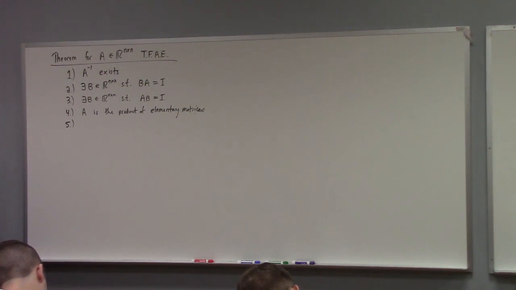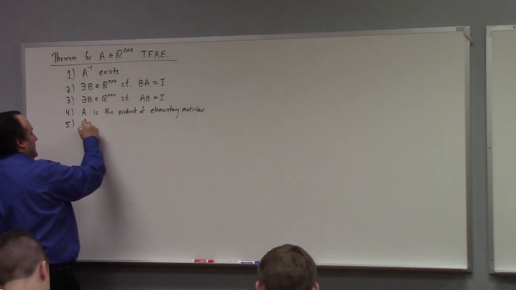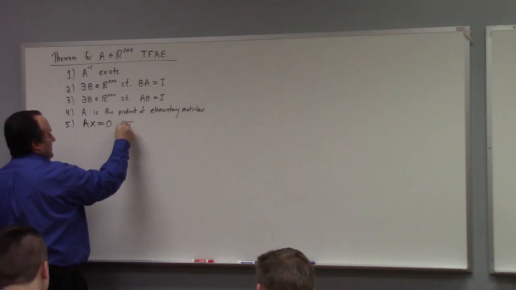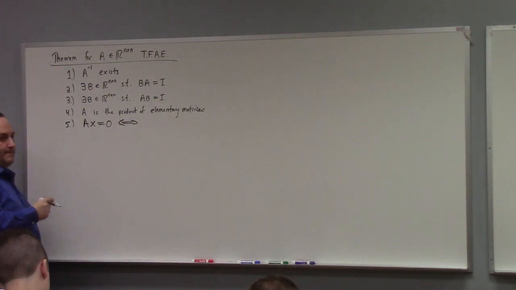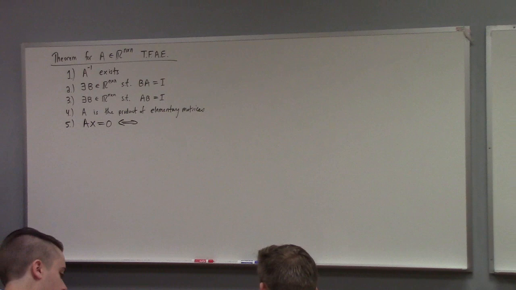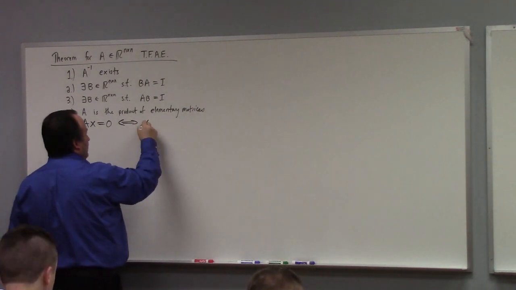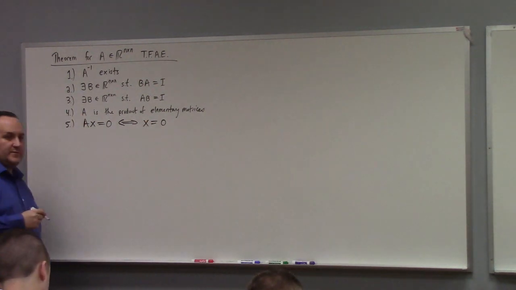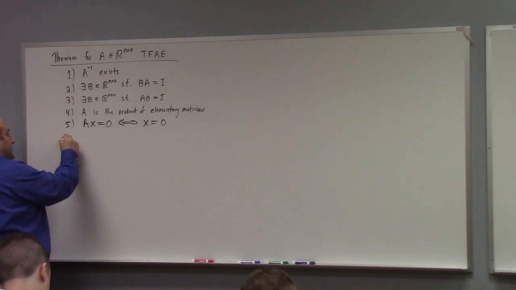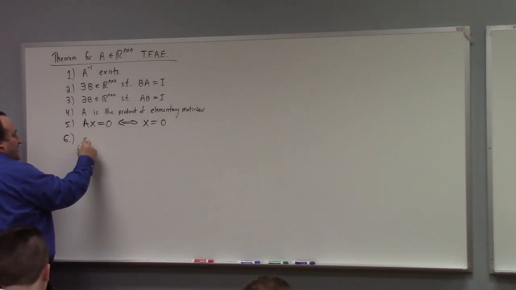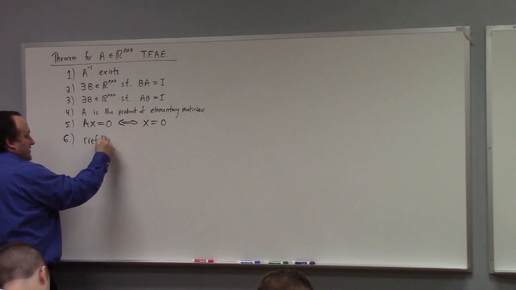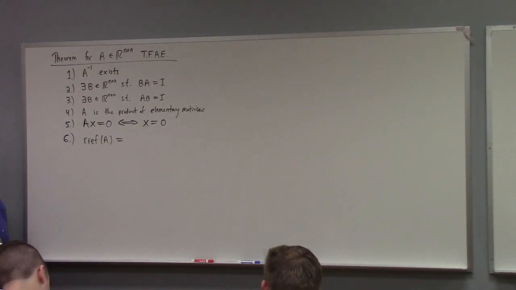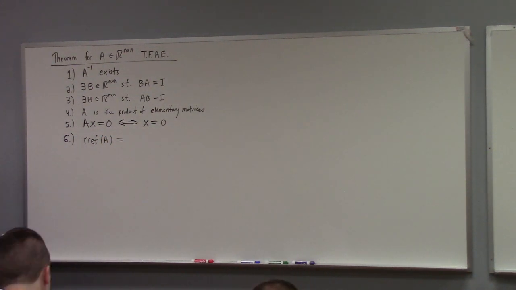How about this? AX equals 0 if and only if what? X equal to 0. That's right. There's another one. How about if I was to say RREF of A, what would you tell me it's equal to? I. Very good.